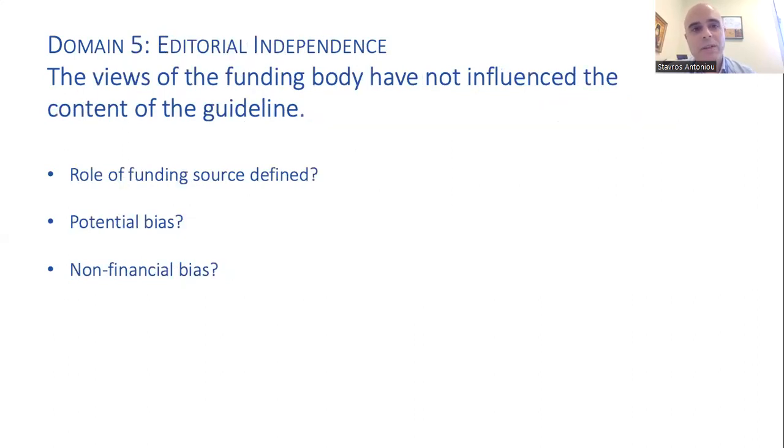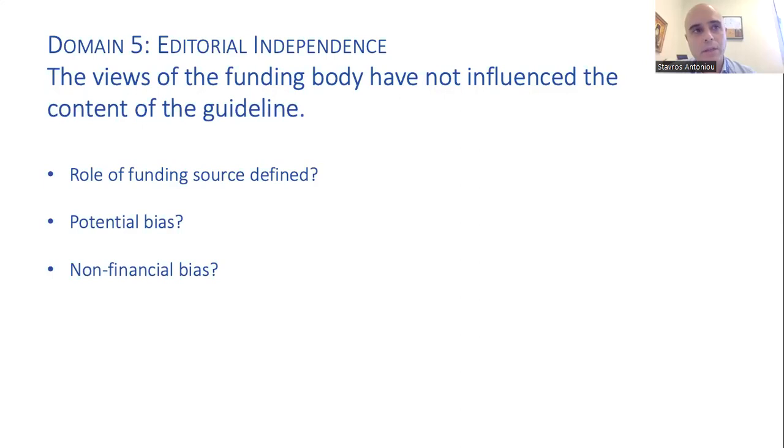Domain 5, editorial independence. The views of the funding body have not influenced the content of the guideline, so the role of the funding source needs to be defined. The authors need to declare whether there is any potential bias, and we are talking about both financial and non-financial bias.